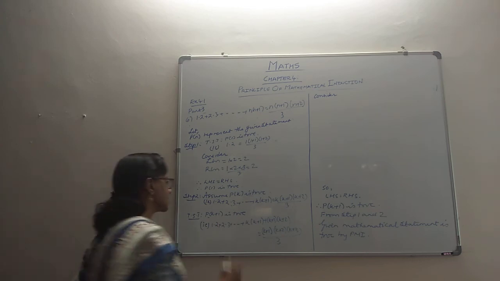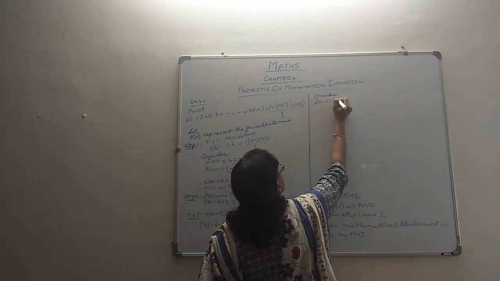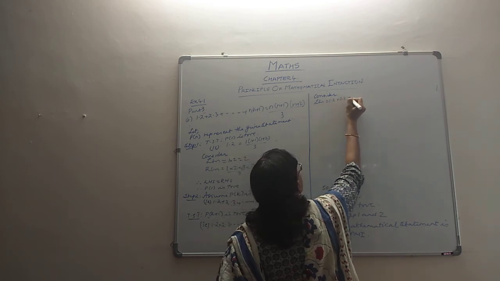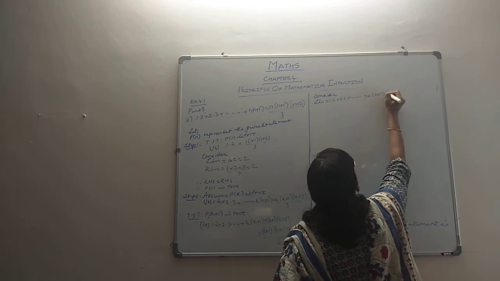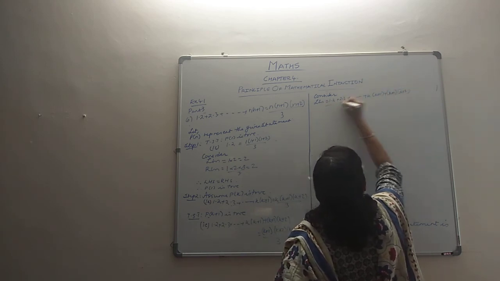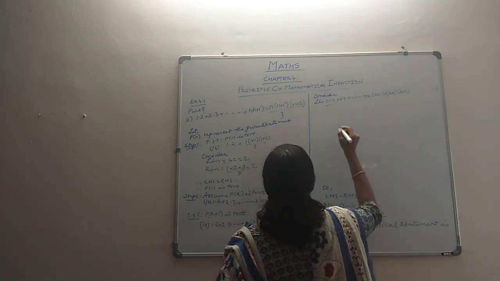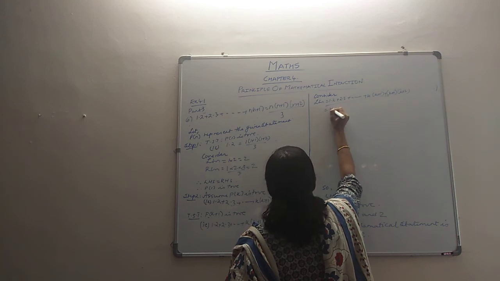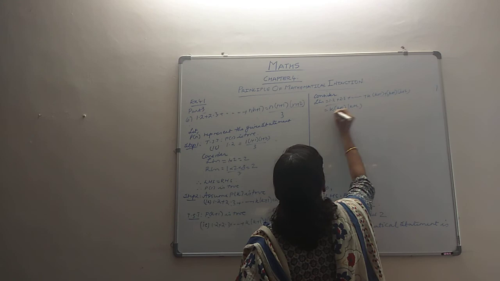We'll consider the LHS. In the LHS, we have 1 into 2, 2 into 3 and so on, first k into k plus 1 and then k plus 1 into k plus 2. So the first part is a known term for us, and it comes to k into k plus 1 into k plus 2 whole by 3.